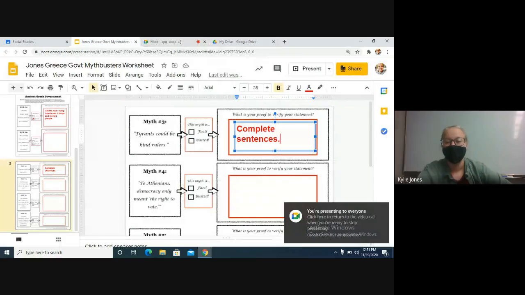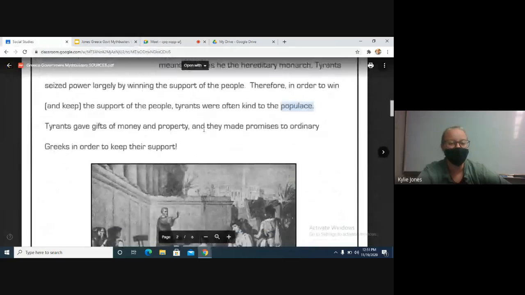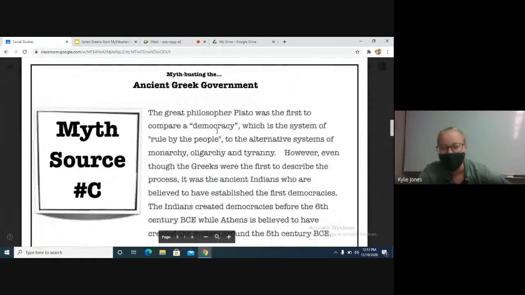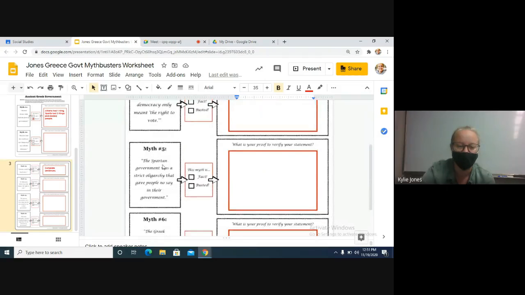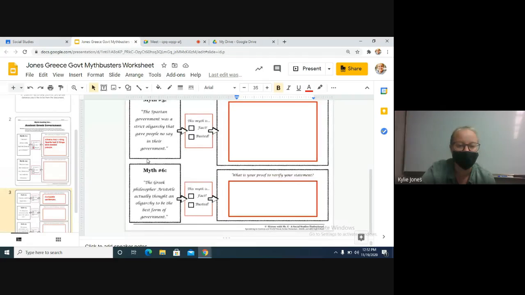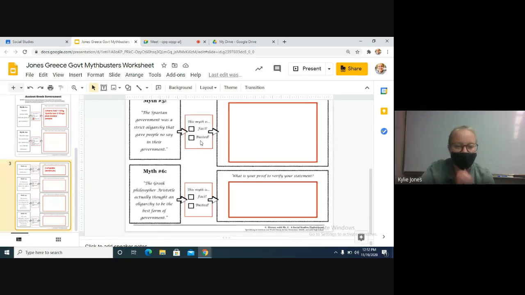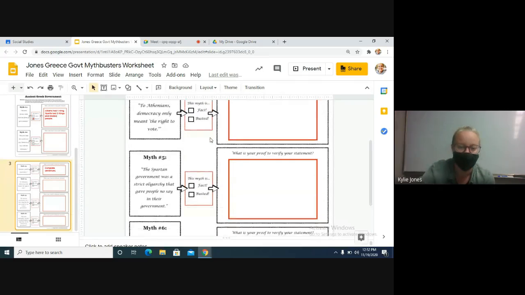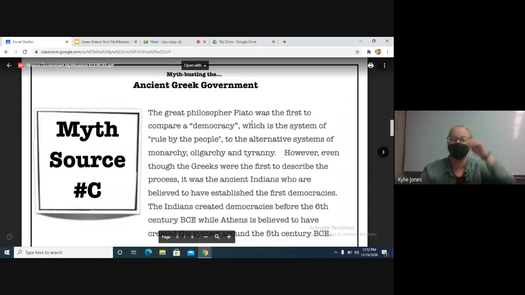So, all right. So that was their second one. Let's look at our third one. So that was source B. Let's look at source number C. Yeah. This one looks like it does talk about democracy. There were a couple on here that talked about democracy. Number 2 talks about democracy, and so does number 4. So we might be able to answer both of them in this. I'm going to go ahead and read it, and I will show you the 2 that you can answer.